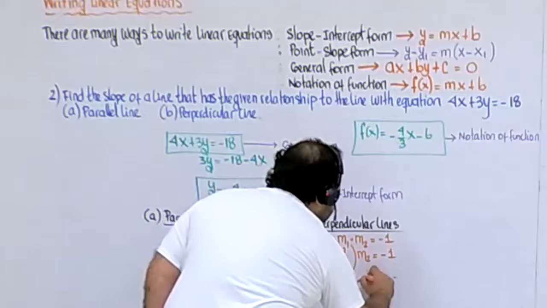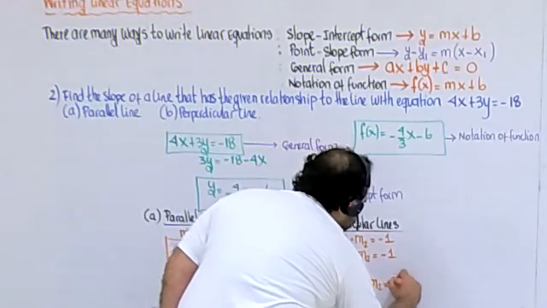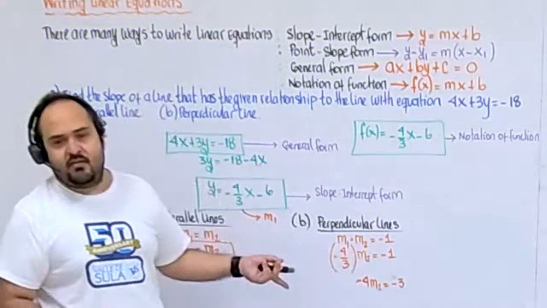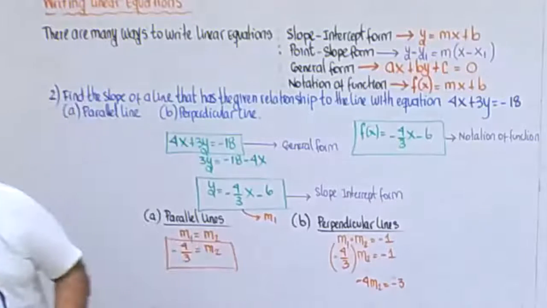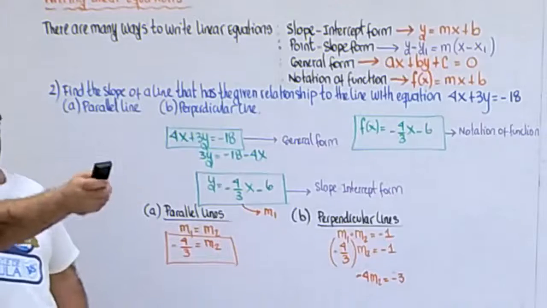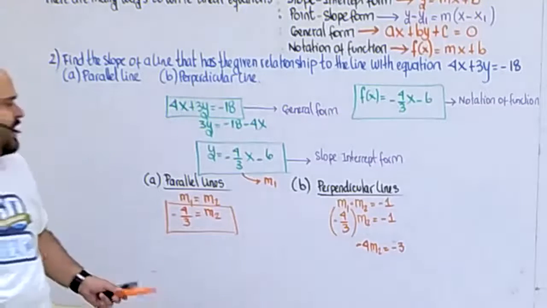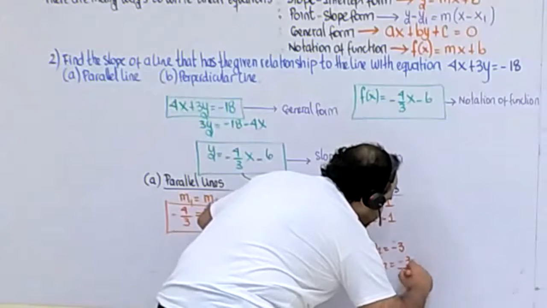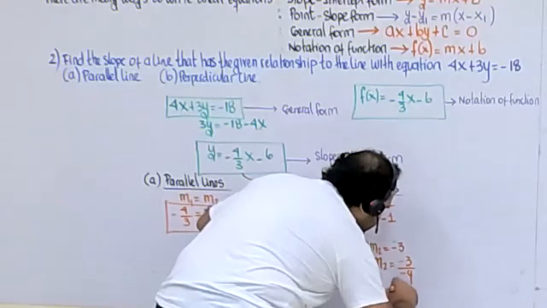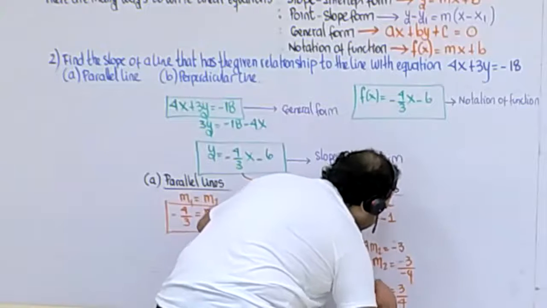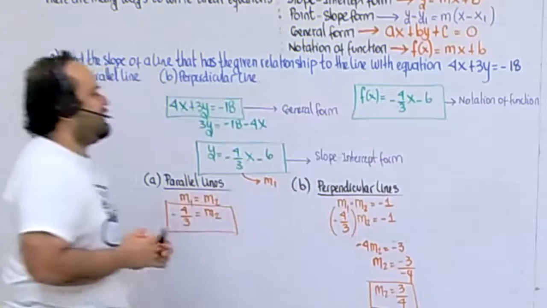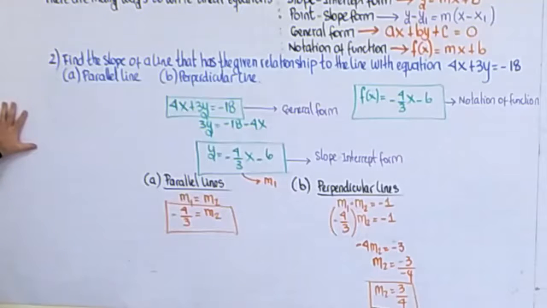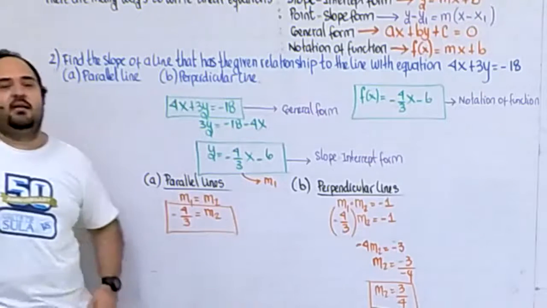And we have negative 4 M2 equals -3, because 3 times -1 is -3, okay? And because the number 4 is multiplying, it passes to divide. And negative 3 over negative 4, the answer will be 3/4, therefore. And that's it. This is going to be the relationship between parallel lines and perpendicular lines.